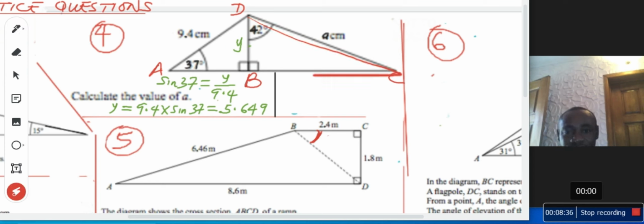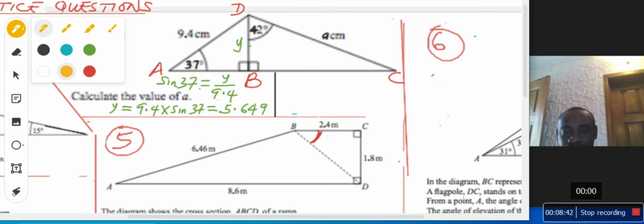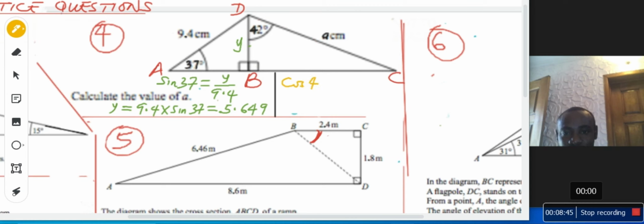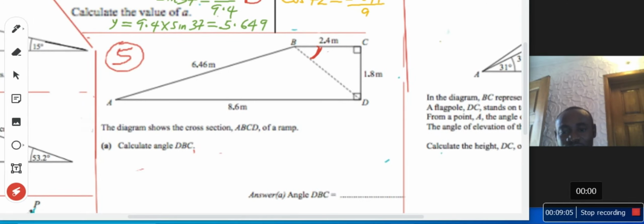Because for this triangle, this is the adjacent, and this is the hypotenuse we are looking for. So cos 42 is equal to adjacent Y over A. And the Y we found is 5.649 over A. You will finish up and get A by cross multiplying. Yeah, so let's move on to this one. How do we get this?